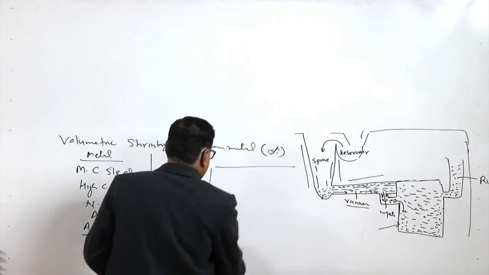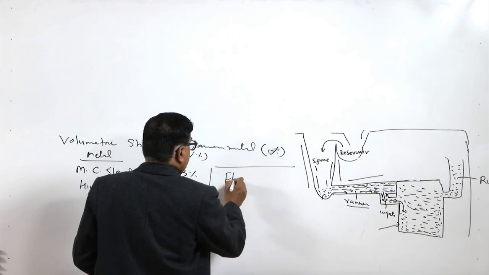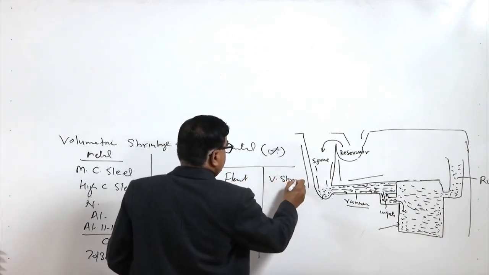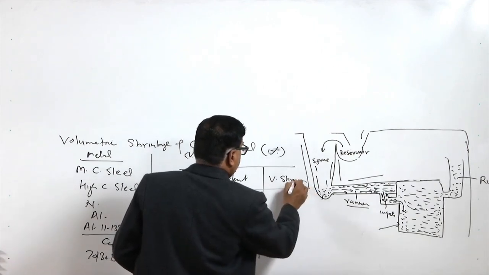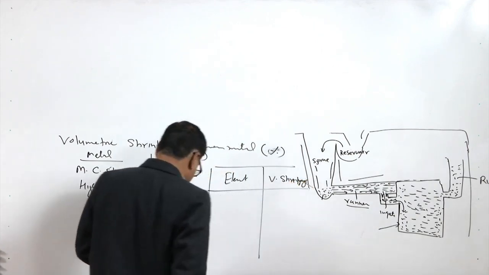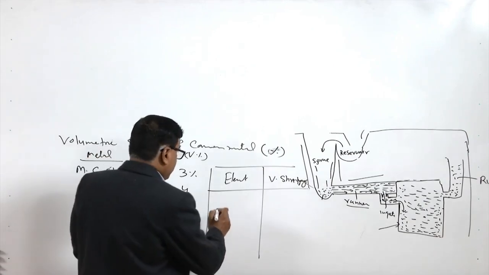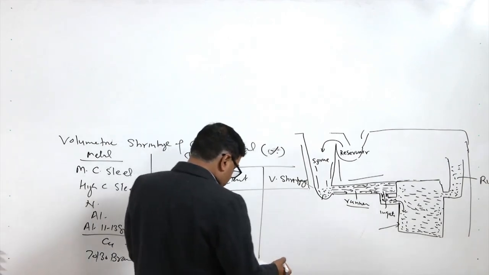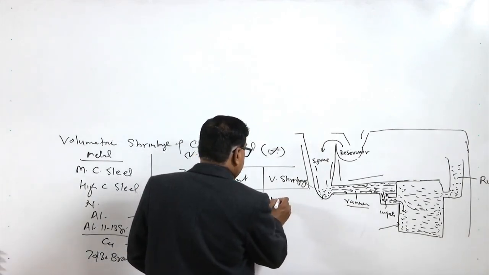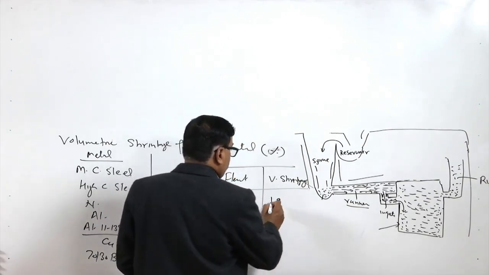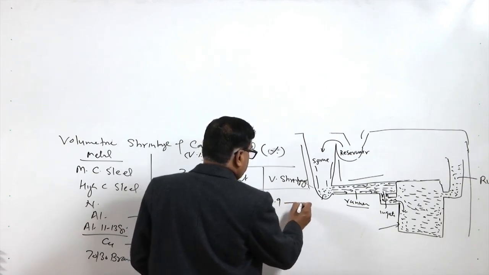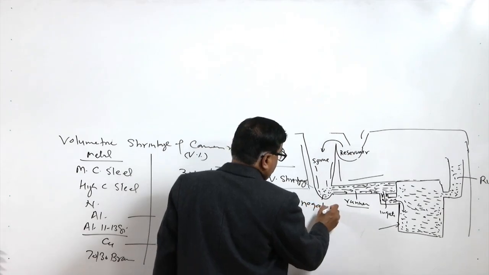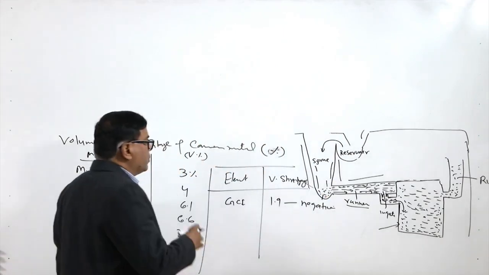Coming to a few more metals, like gray cast iron, it is lower, and sometimes there is even an increase in volume. So, it is 1.9 negative volumetric shrinkage, means sometimes there is even an increase in volume due to graphitization.